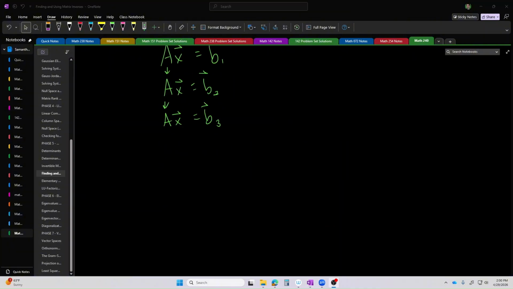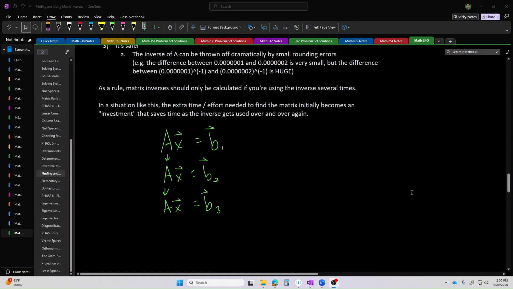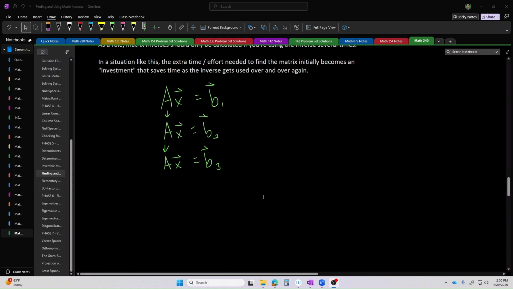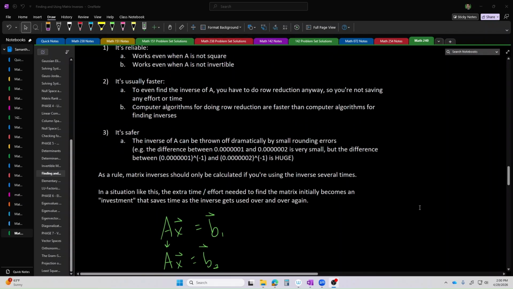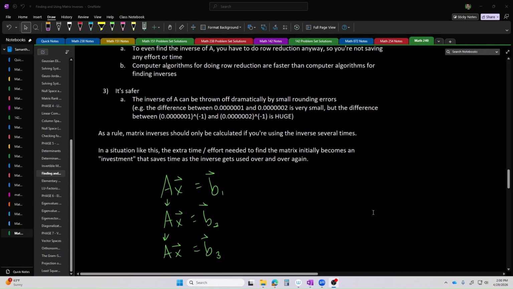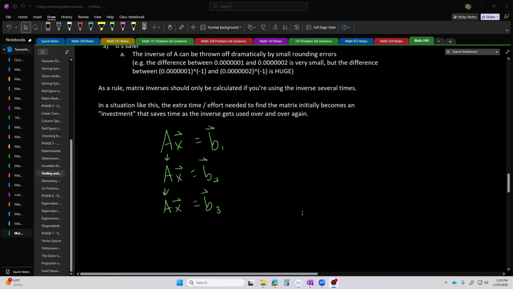So because of the weaknesses and drawbacks associated with matrix inverses, what we're going to do over the course of the next two lessons is we're going to work towards something which is called an LU factorization. An LU factorization is a way of rewriting a matrix that allows you to calculate solutions to matrix equations a little bit more quickly.